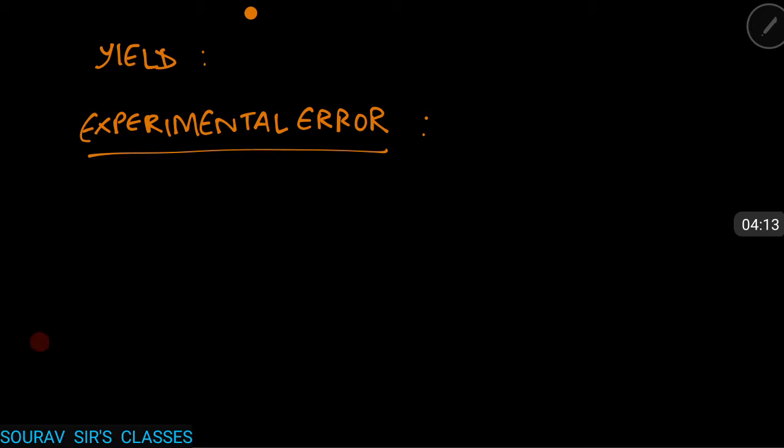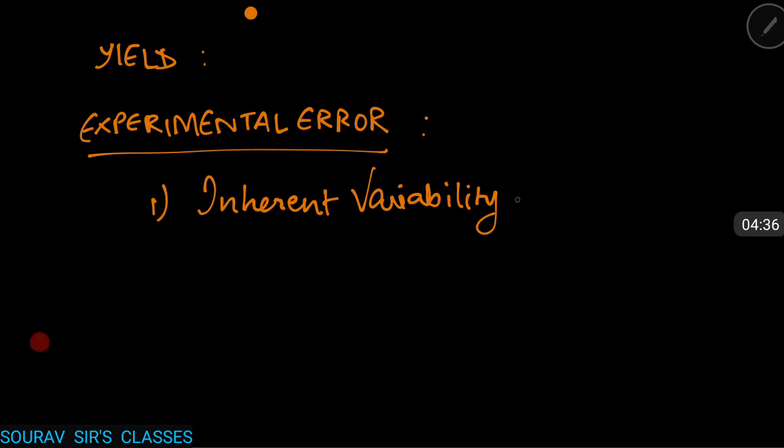It may be pointed out that the term error used here is not synonymous with mistake, but is a technical term which includes all types of extraneous variations due to, number 1, the inherent variability in the experimental material to which treatments are applied.